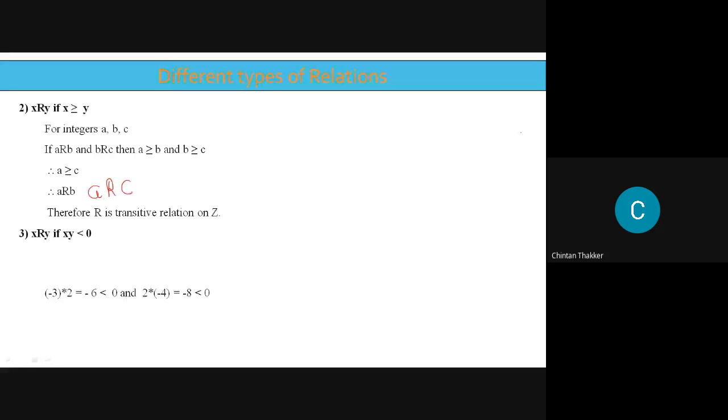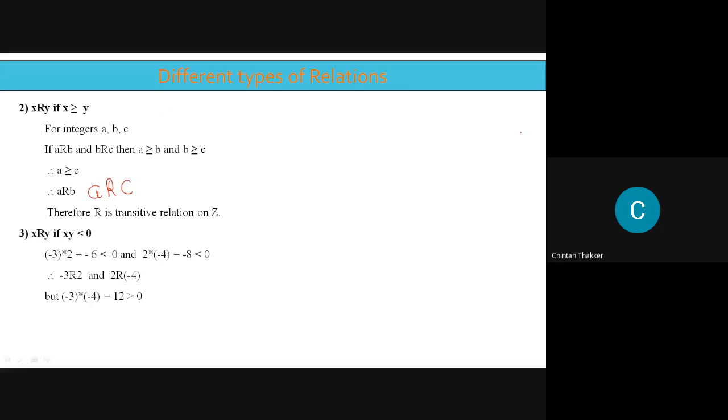To prove it is not transitive, we can use a counter example. Let's say minus 3 into 2, we get minus 6. Similarly, 2 into minus 4, we have minus 8. So minus 3 is related to 2 and 2 is related to minus 4. Now minus 3 into minus 4, we get 12, which is greater than 0.